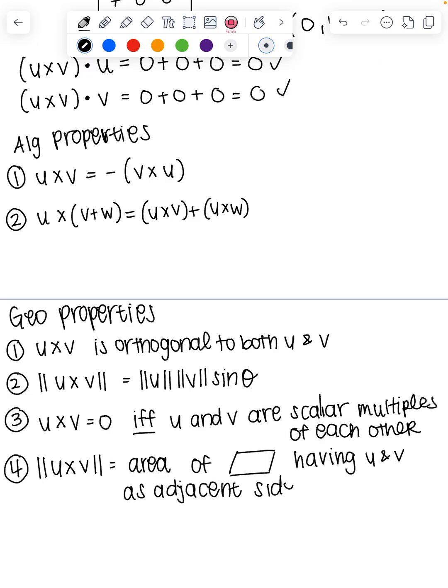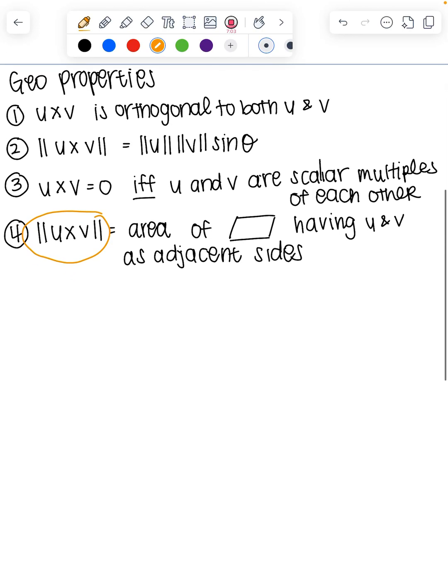Okay, so it's literally going to ask you to find this. You need to know that this is the equation you're going to use. Okay, now we're going to do some other examples that you're going to see on homework.